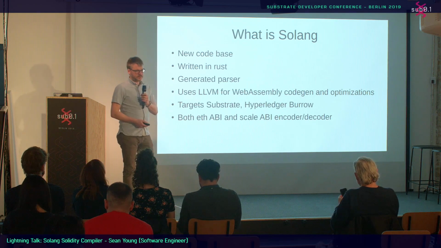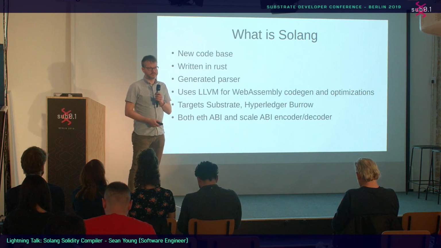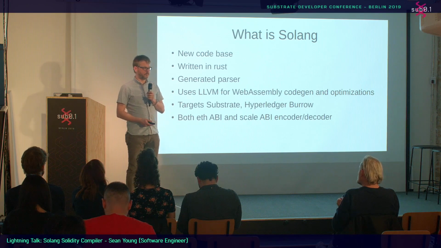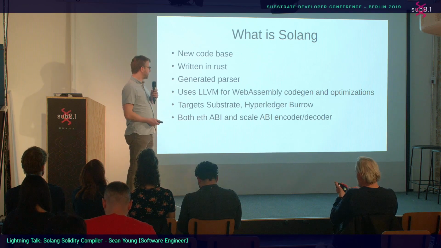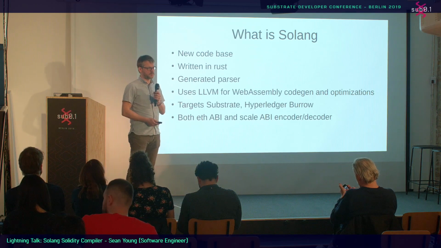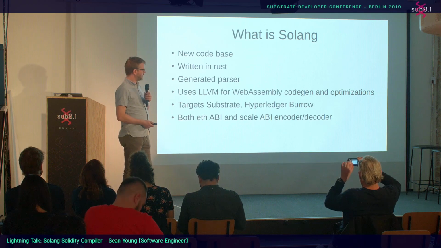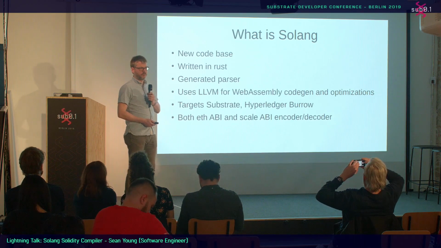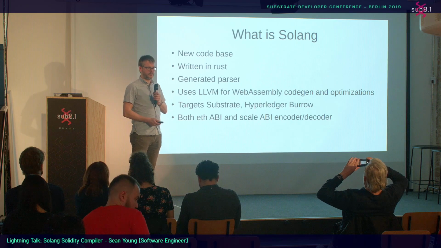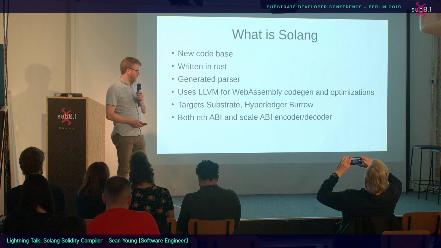With Rust, that's already a big save because the AST fits really nicely into a Rust enum. That makes it very easy to work with. Having a generated parser also saves an enormous amount of code. And then lastly, using LLVM saves even more code because much of the hard work of a compiler is the back end and the compiler passes, and I don't have to write any of those.